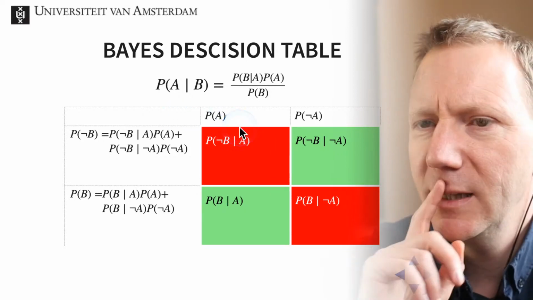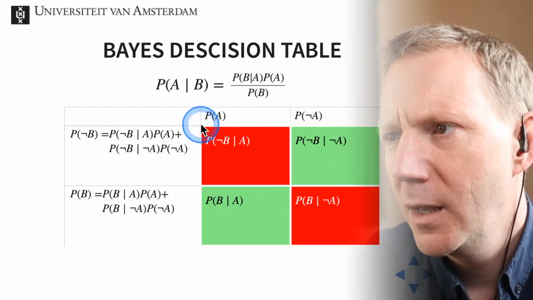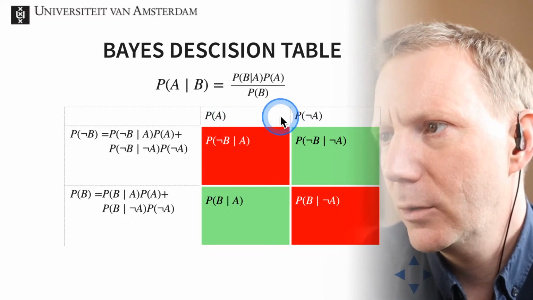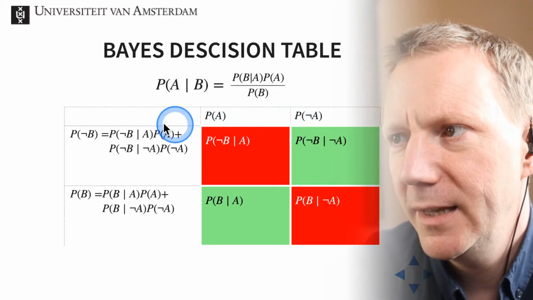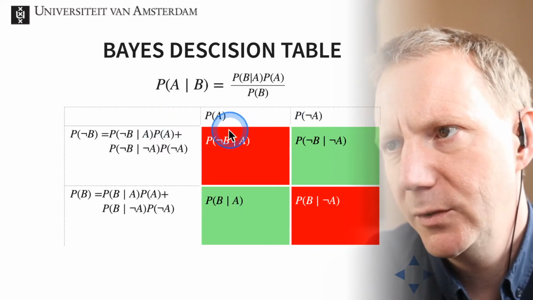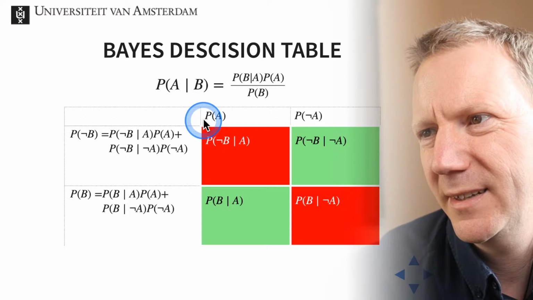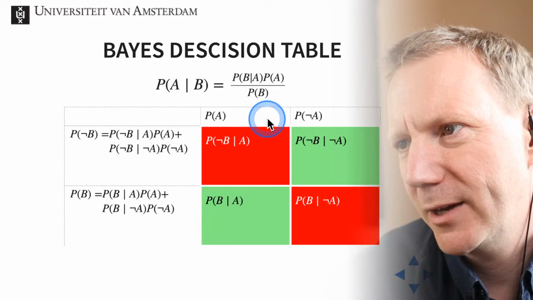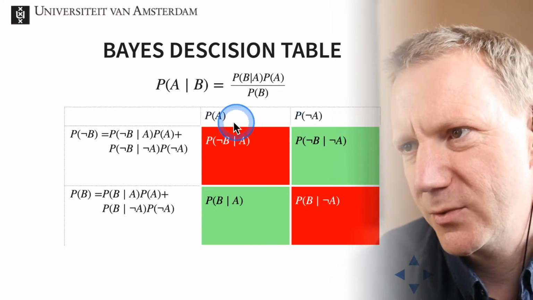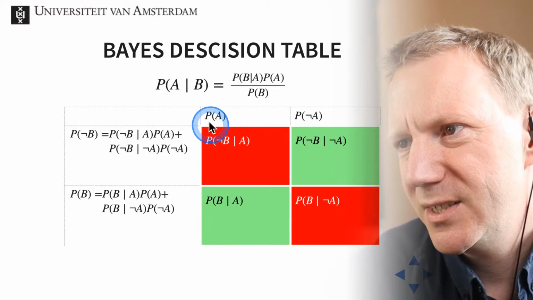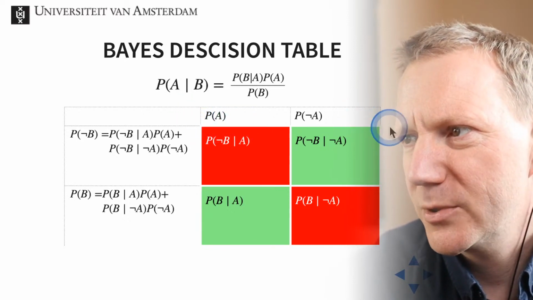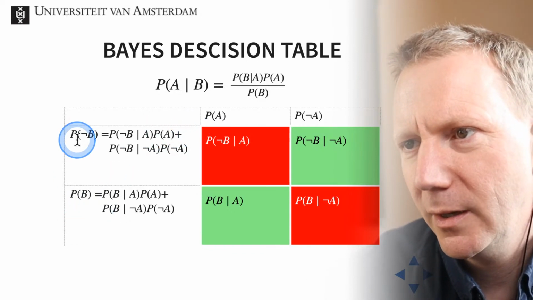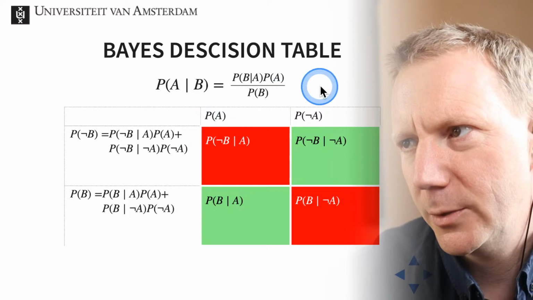So, for example, now let's look at this in terms of this probability. If the probability of A or the probability of not A is in total 100%, you could look at this chart and say, well, the probability of A and not A together is 100%. So I could split this up in percentages, right? You could see this in terms of 0% or 100%. And you could also see the probability of B or the probability of not B being 0% or 100%.